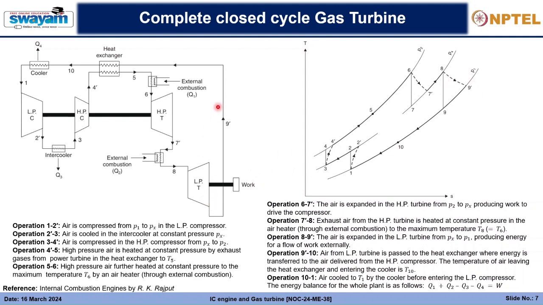And finally, the exhaust from 9 dash is getting cooled to point 10. While having cooled to here, it is releasing that amount of heat to the air which is coming out of the HP compressor, and accordingly the regeneration process is taking place.